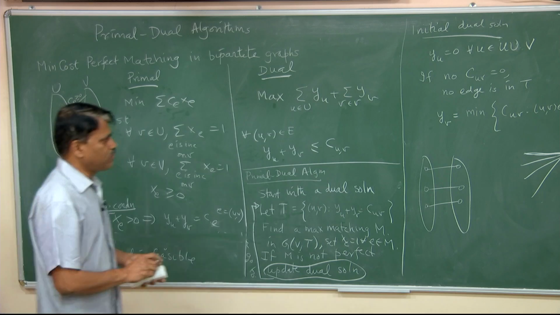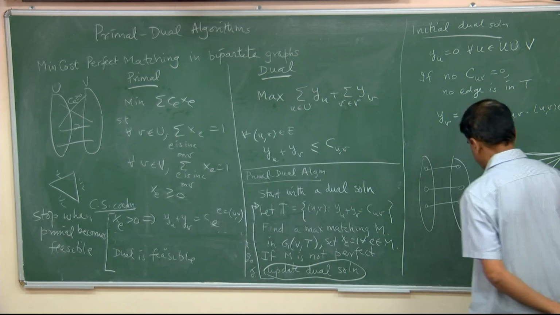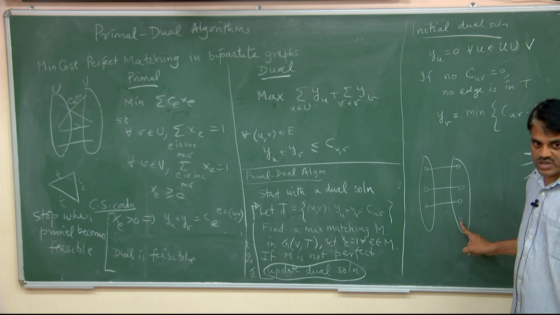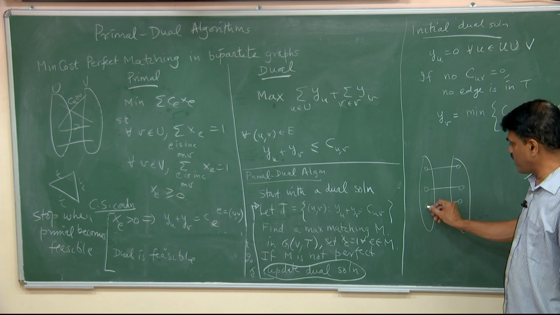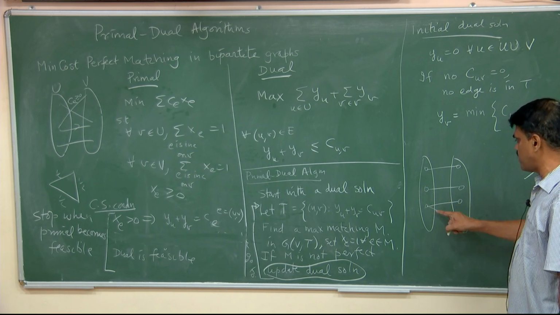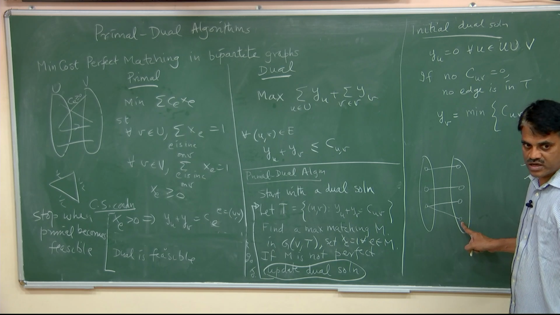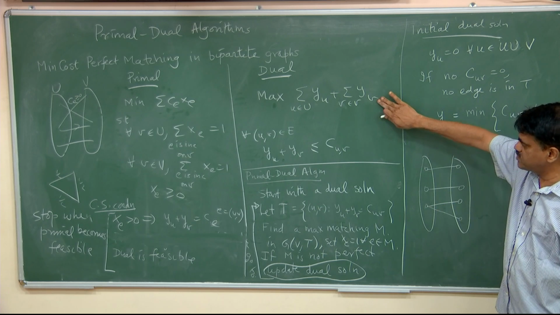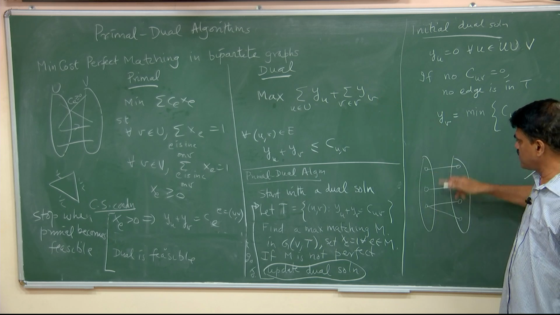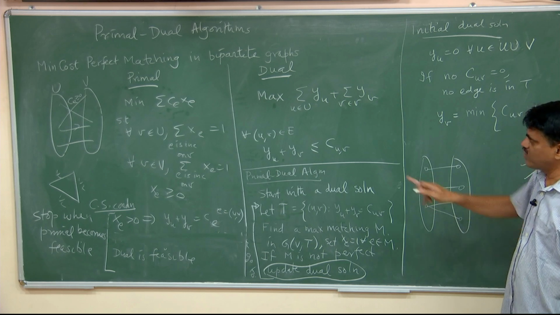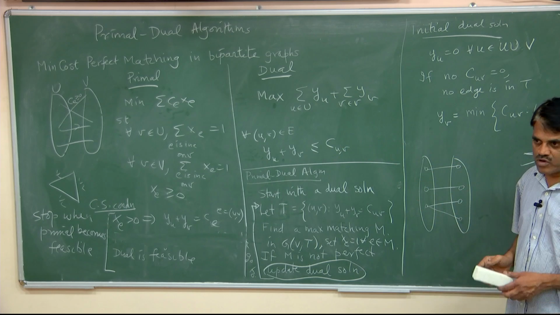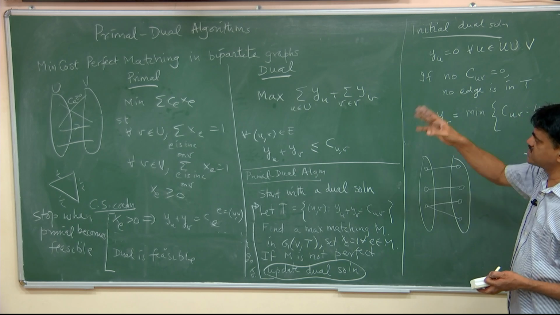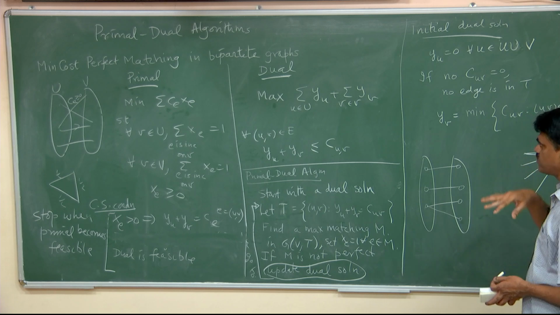In between, the problem is that I may have some vertex whose Y value is positive, but this edge is not saturated, and so this YU plus YV will come into the objective function, but this quantity will not come into that objective function. So I'm not sure that I can maintain that. But I will maintain that it is less than or equal to this. That's certainly true.